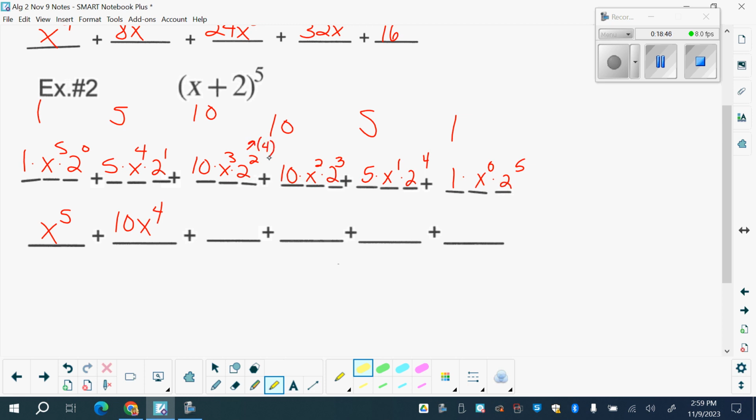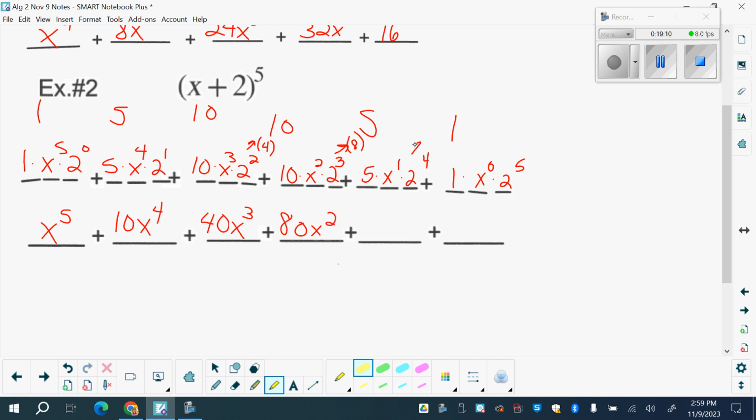So 10 times 4 would be 40, x to the 3rd. What's 2 to the 3rd? 8. So feel free to get up and get a calculator. So we have 10 times 8, which is 80, x squared.